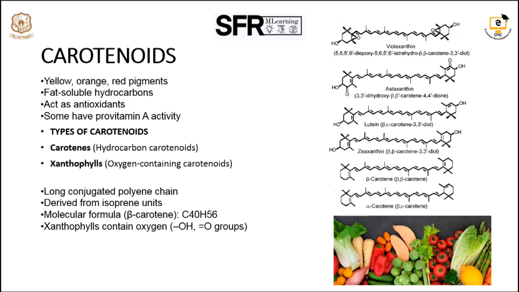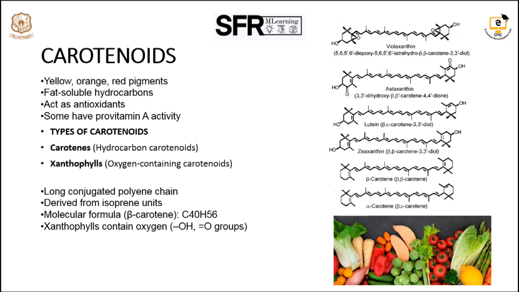Carotenoids are of two types: carotenes and xanthophylls. The carotenes are hydrocarbon carotenoids, containing only carbon and hydrogen atoms, and xanthophylls contain oxygen atoms. These have long conjugated polyene chains, a chain-like chemical structure, and are derived from isoprene units.